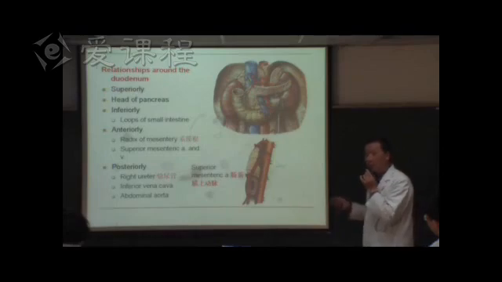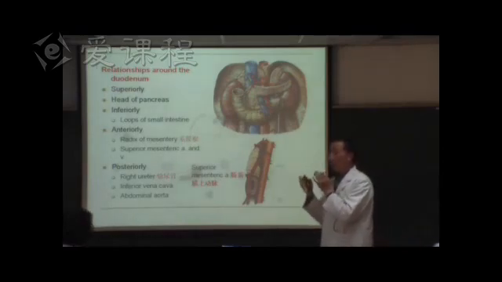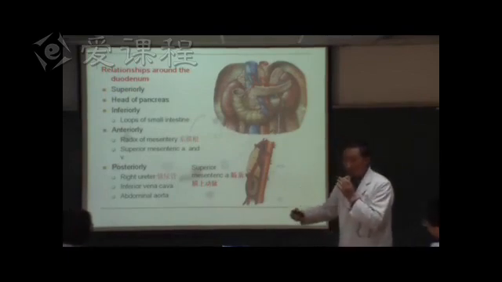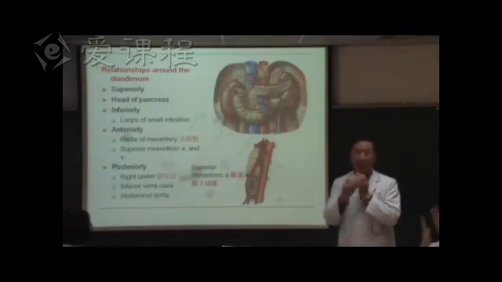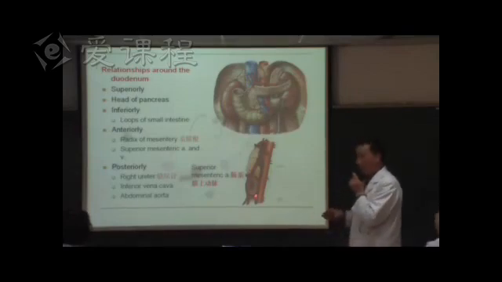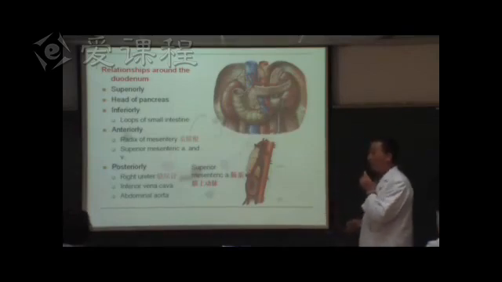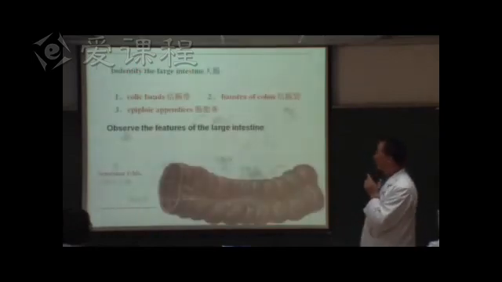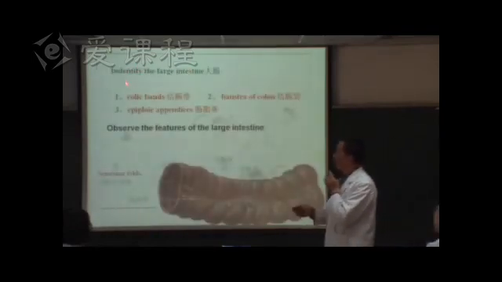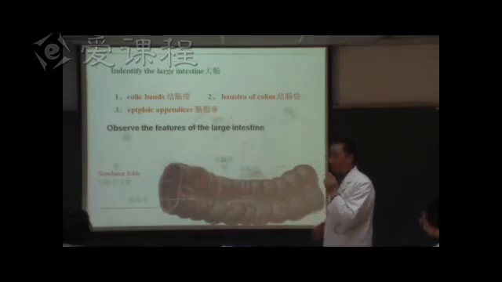The horizontal part. The duodenum can be divided into the superior part, the descending part, the horizontal part, and the ascending part. This is the horizontal part.